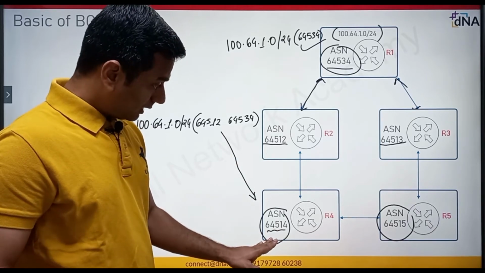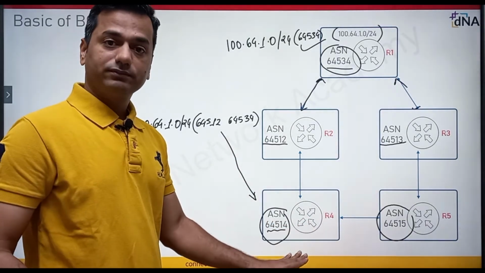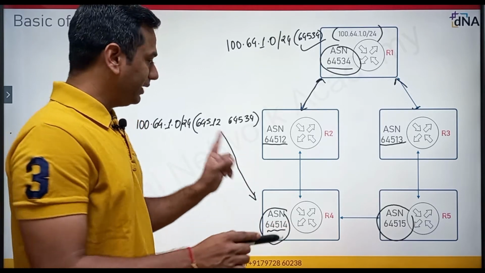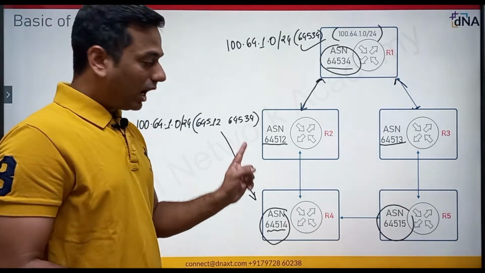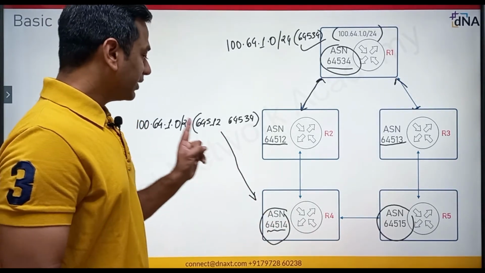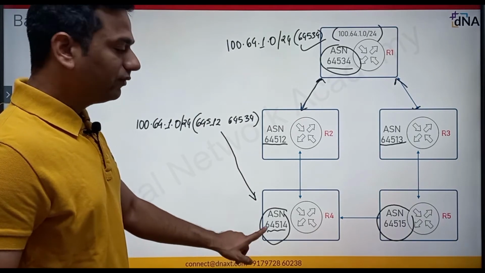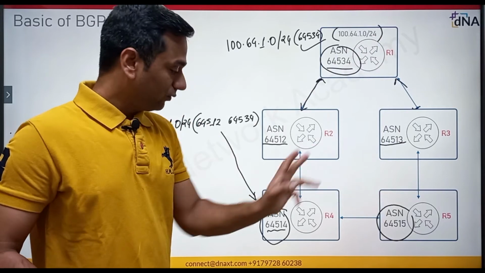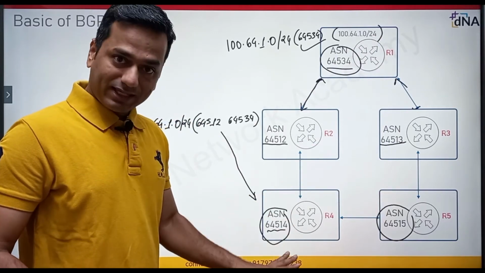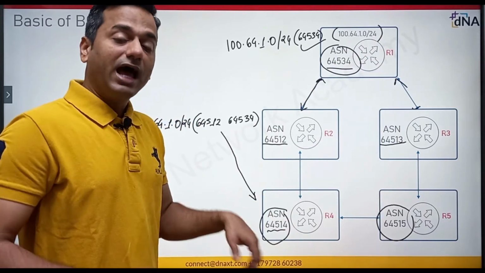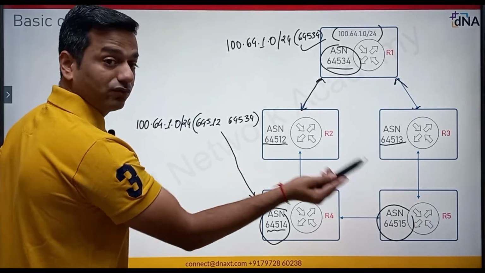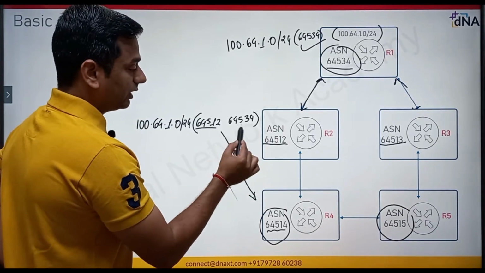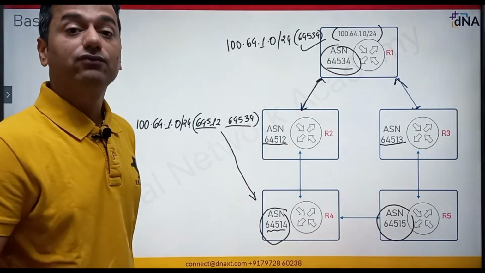So as soon as R4 receives the route, based on the AS path, R4 knows: okay, if anyone would like to reach the 100.64.1.0 network from my AS, it has to cross two AS. First AS 64512 and another AS 64534.